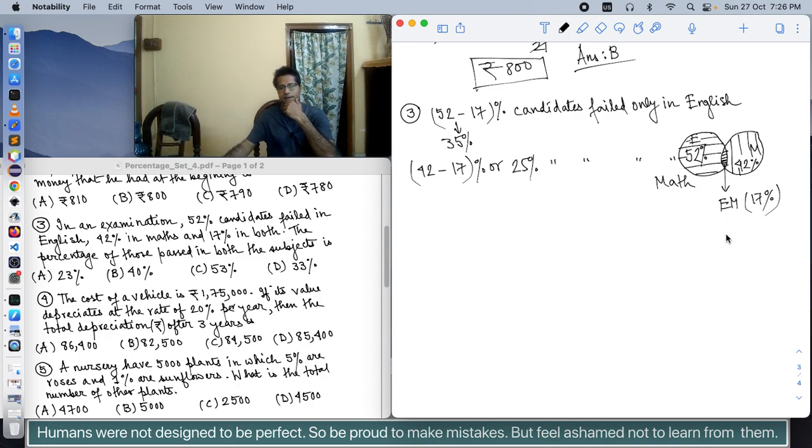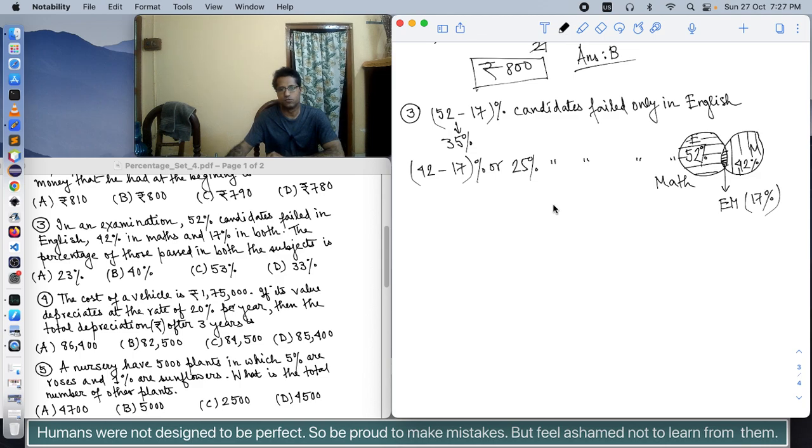See, for a candidate, there are four possibilities. A candidate may have only failed in English, only failed in maths, or failed in both, and the remaining candidates must be the candidates who have passed in both. That is the percentage we have to find.